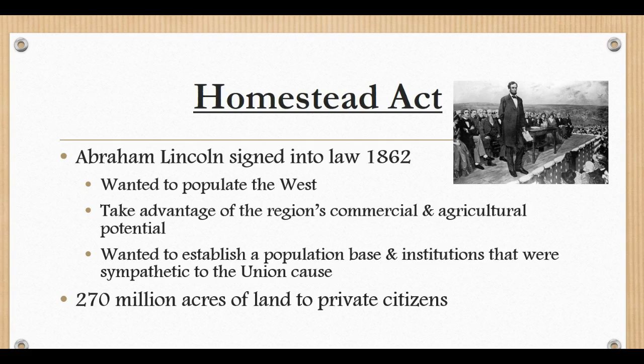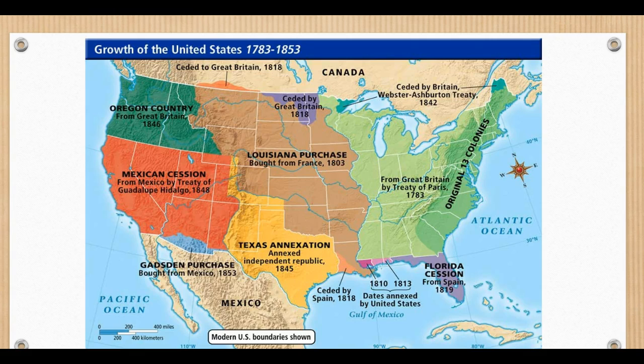Who actually lived there before the white man, before the American government? If you said Native Americans, you are right. And so the Native Americans are part of this story, and we will be talking about their side of the story.